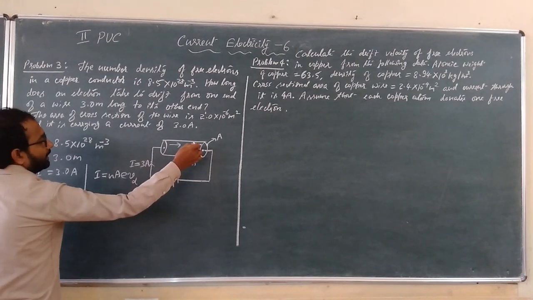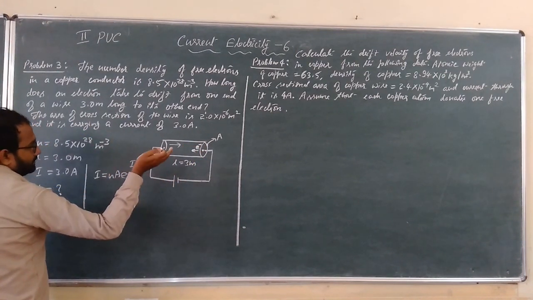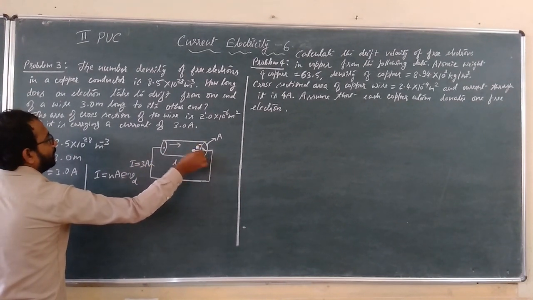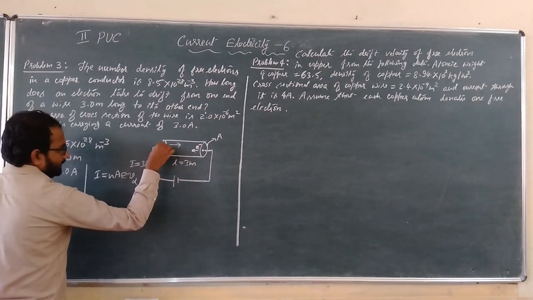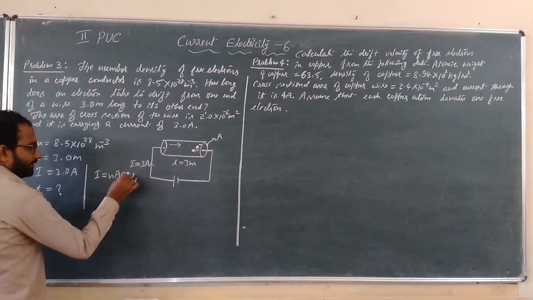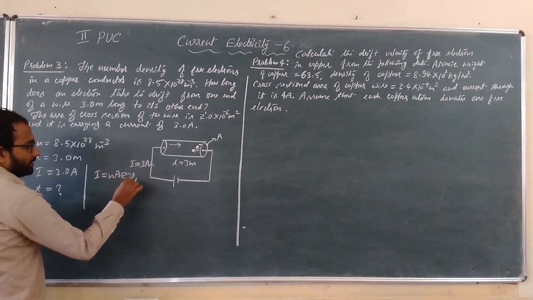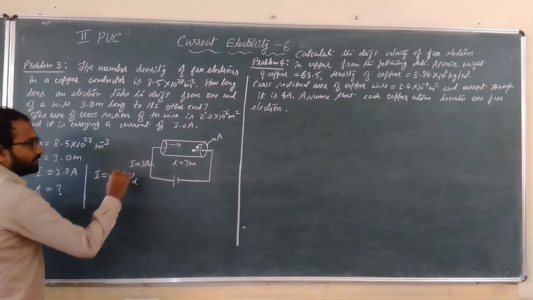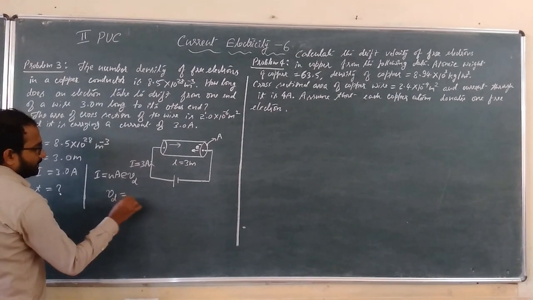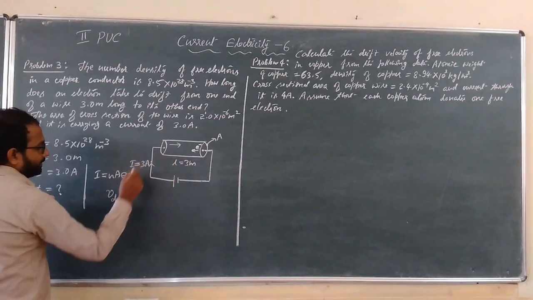The displacement covered by the electron in reaching this end from this end is 3 meter. The drift velocity of the electron is nothing but the average velocity with which the electron is moving. So Vd is equal to displacement by time.